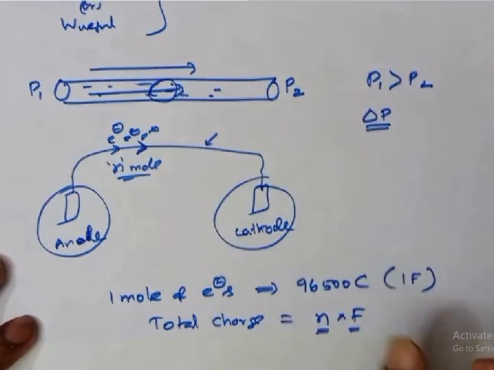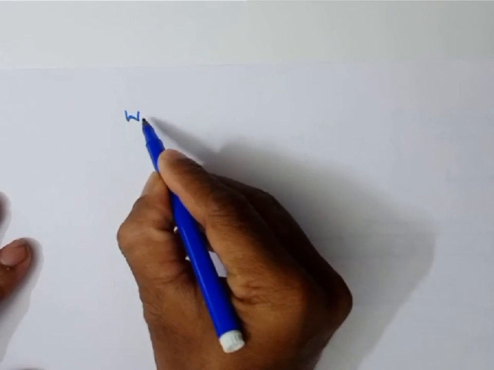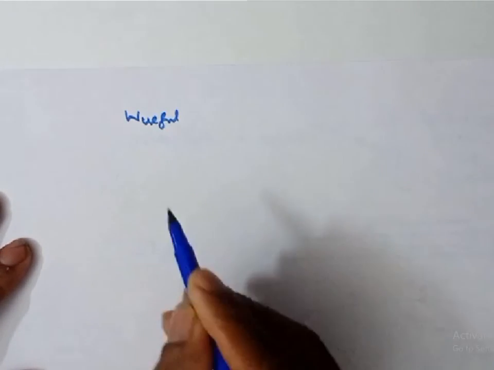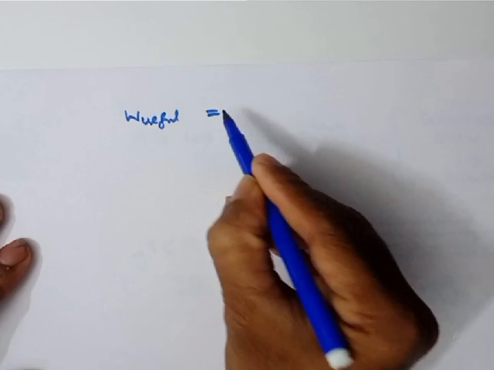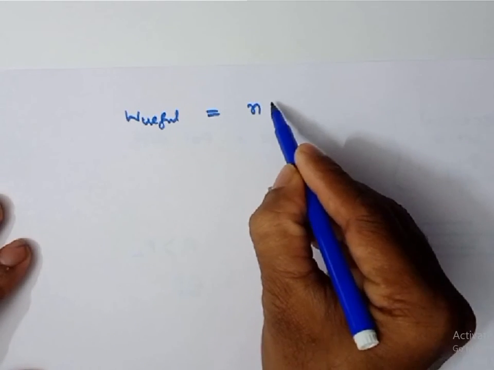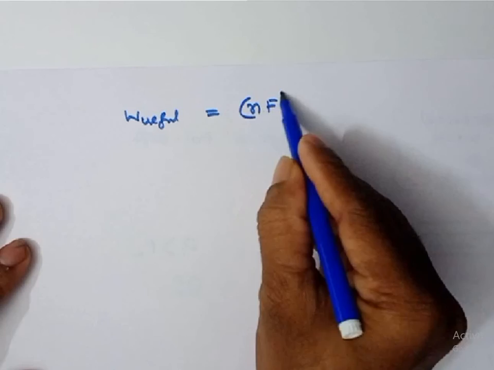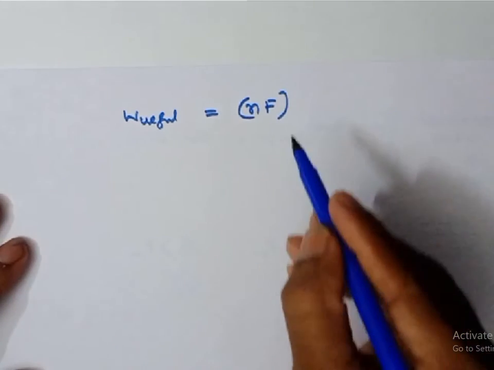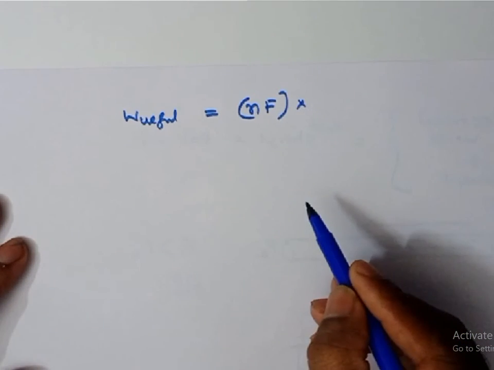So what is the useful work or the electrical work? The useful work is equal to number of moles of electrons into Faraday, which is the total charge flowing, into the potential difference.